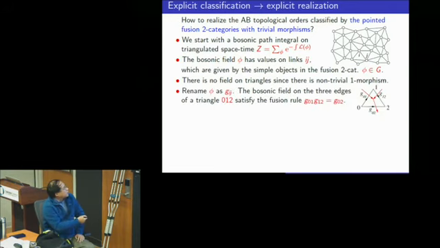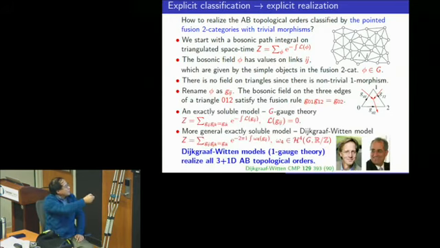And then there's a flatness condition. This is the fusion rule. Basically, the fusion rule gives us a flatness condition for this gauge field. If this Lagrangian is taken to be 0, then we get the gauge theory. However, there's a more general gauge theory. If we choose this Lagrangian to be a cocycle, we get the well-known Dijkgraaf-Witten theory.